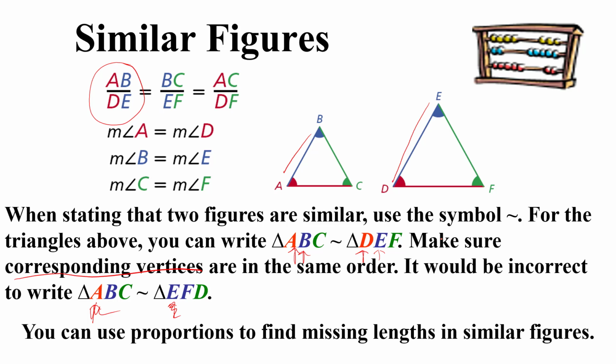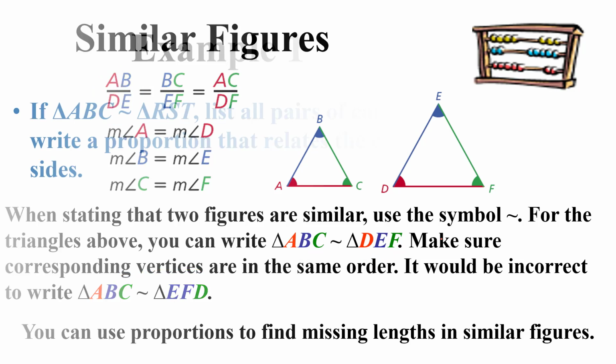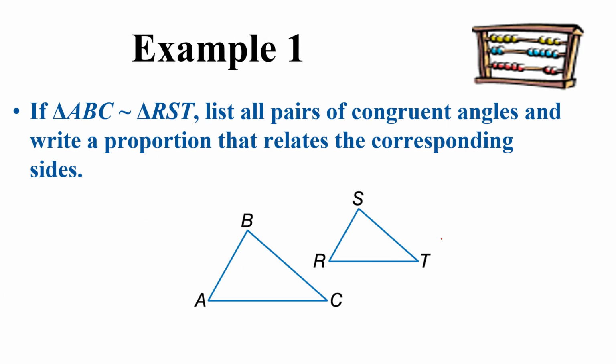You can use proportions to find missing lengths in similar figures. Now, this is where we tend to see the geometry used when we're dealing with similar and congruent figures. So if triangle ABC is similar to triangle RST, we want to list all of the pairs of congruent angles and write a proportional relationship that relates corresponding sides. So from our statement, we can see that A and R are congruent.